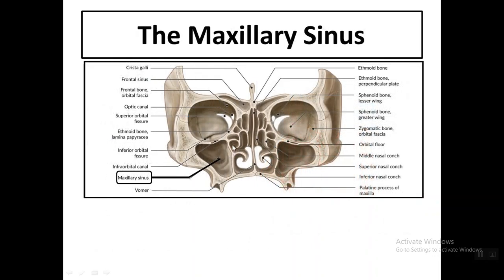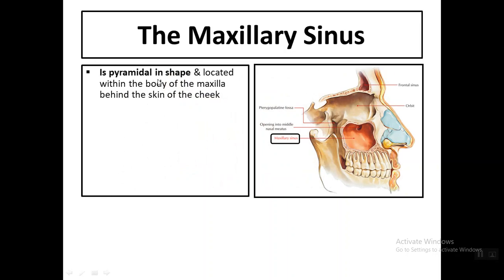First, the maxillary sinus, which is the largest one, is a pyramidal-shaped space that lies below the orbit. It is related to the lateral nasal wall. It lies within the body of the maxilla behind the skin of the cheek.